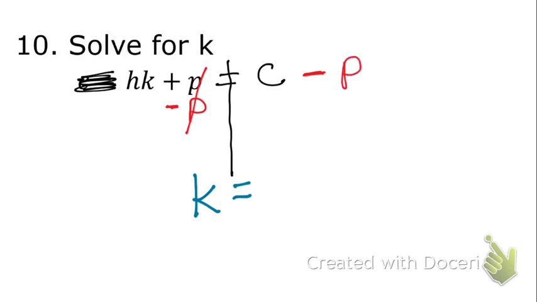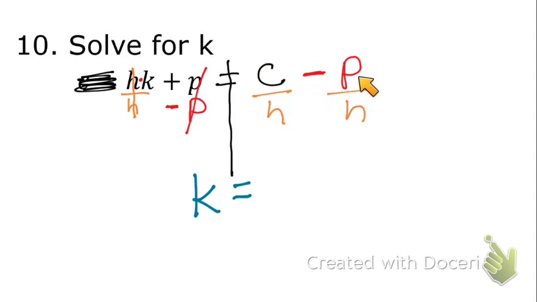My next step is, what is this h doing to this k? So hopefully you said it is multiplying. So the inverse of multiplying is to divide each term by h. All right, so h divided by h is 1. I cannot divide h and c.